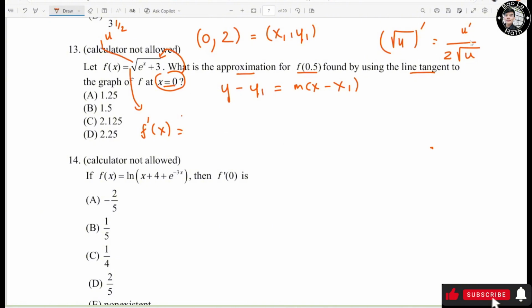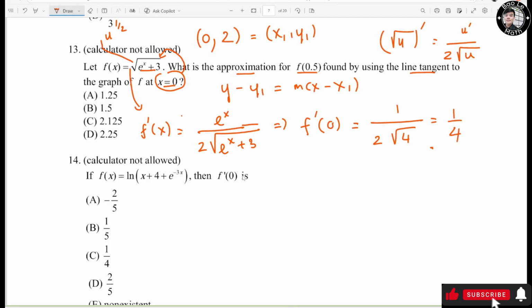So u in this expression is e to the s plus 3. The derivative is e to the s over 2 square root of e to the s plus 3. And then I need to calculate f prime of 0. So substitute 0 for s, it's 1 over 2 square root of 4, so it's 1 over 4.